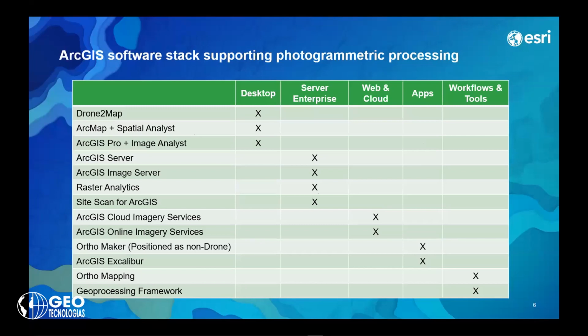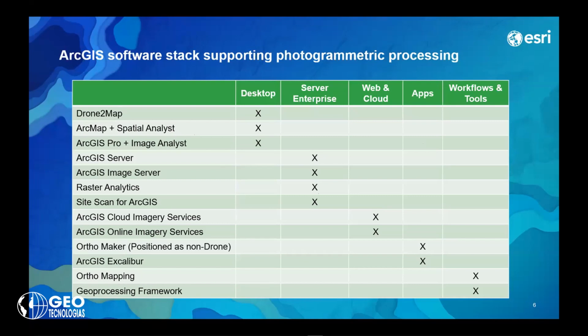Continuing down the stack, there are some applications. OrthoMaker, which comes with ArcGIS Enterprise, is a web app for executing some of the ortho mapping workflows via a web interface. So this requires no software to be installed on the desktop. And all of the interactions are done using a browser-based app and geoprocessing that's done on the server.